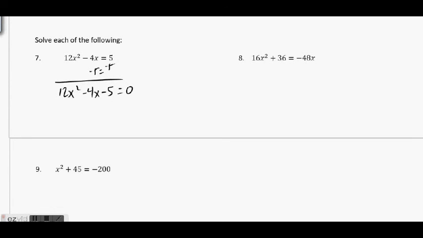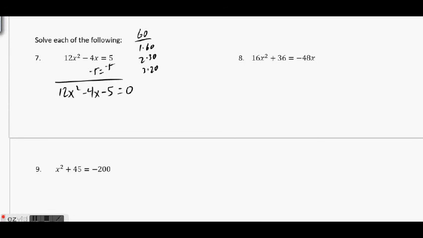Alright, so here's the little trick I do. Before I even write any of the Rosa method down, 12 times 5 gives me 60. Let me rewrite it up here a little bit higher. I could go through and do 1 times 60, 2 times 30, 3 times 20. You could go through all those.